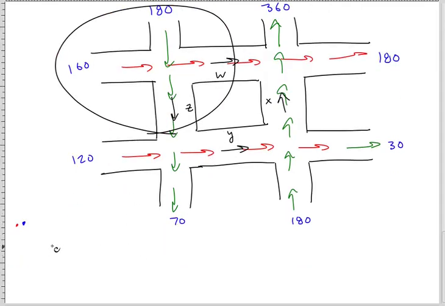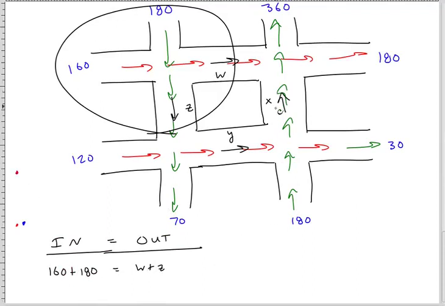So going in, again, in is equal to out. Going in, we have a 160 and a 180. Going out, I have a W and a Z. Notice that I'm not trying to talk about these guys over here. It's just whatever is really close to that intersection. I'm trying to use different colors so you can see what's going on here.